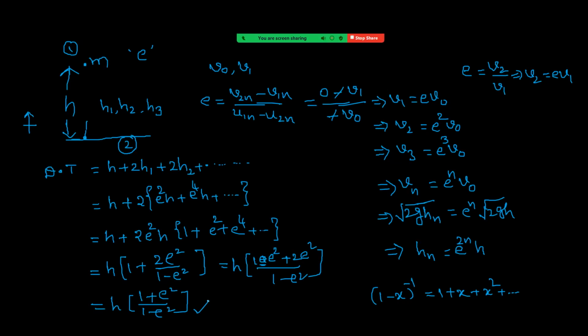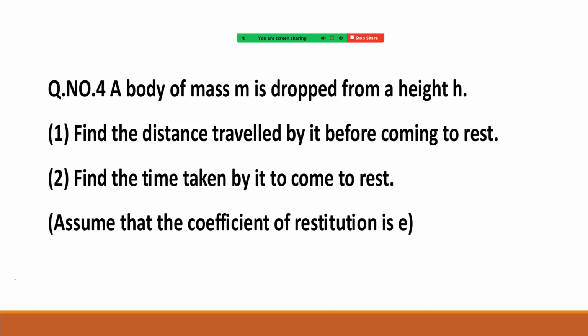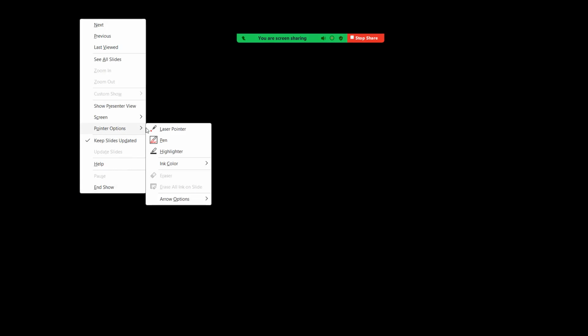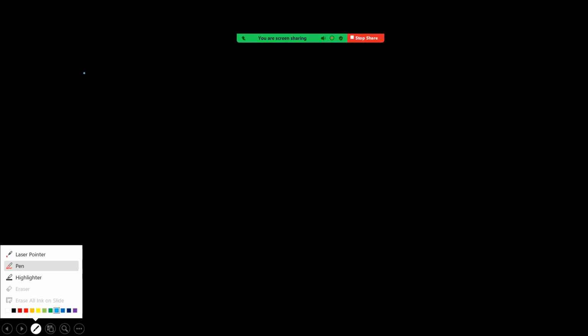And see next what we have to calculate. He's asking to find the time taken to come to rest. Let's see that also, time taken. So we got the result that we got condition that V1 is equal to e square into V naught.